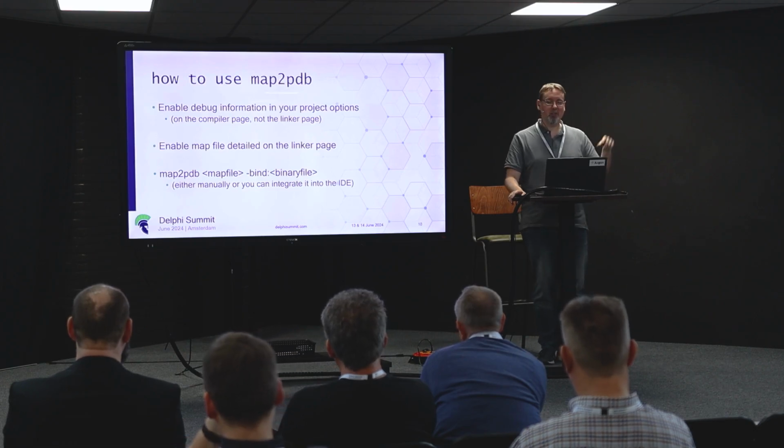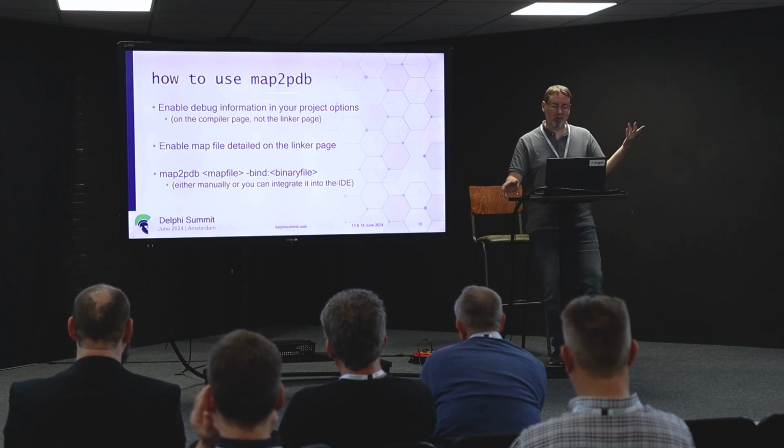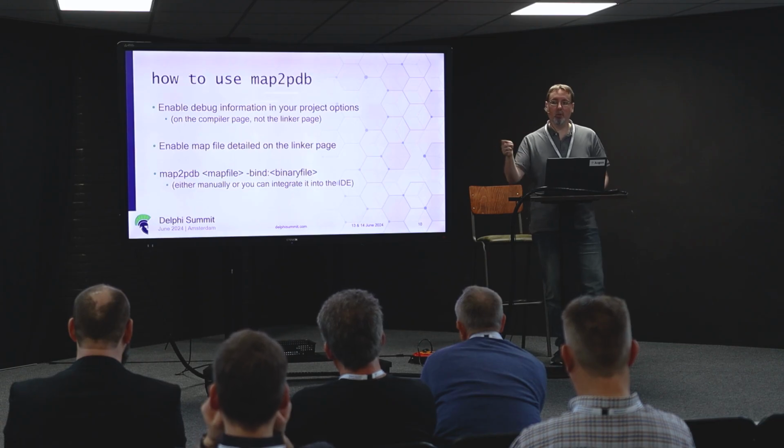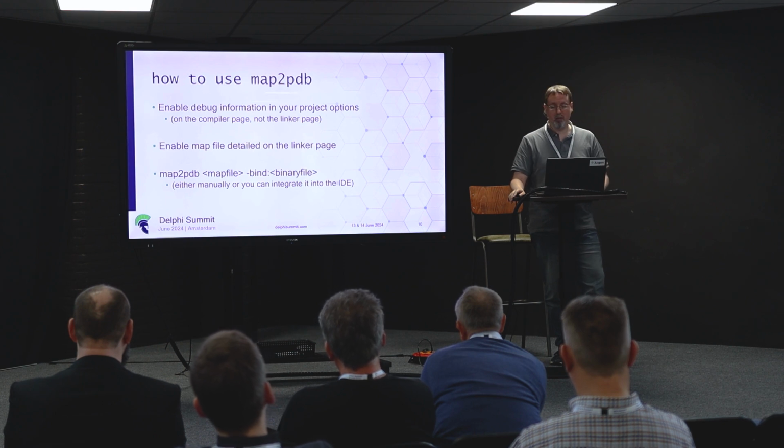If you don't have that checked, you cannot place your breakpoints because there is no debug information. The one on the linker page is the one that says to put this TD32 debug information into the binary, but that's debug information that is not interesting to VTune.